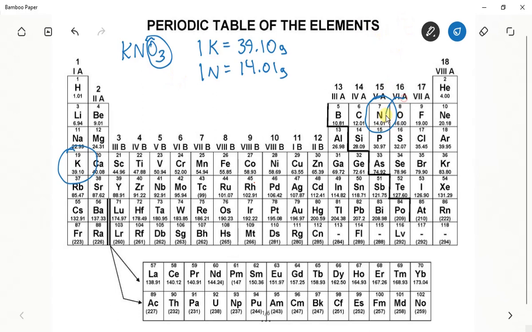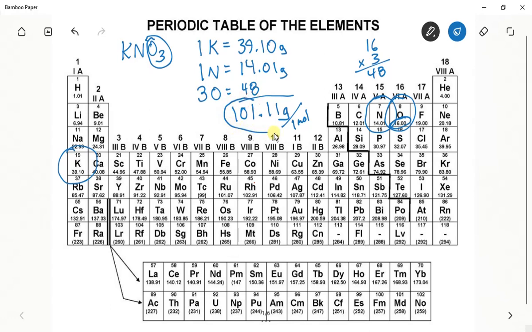So remember, oxygen is 16, but we have 3 of them. So 16 times 3 is 48. So 3 oxygens is 48. So if we add this all up, we get 101.11. 101.11 what? Grams. Grams in 1 mole of potassium nitrate.